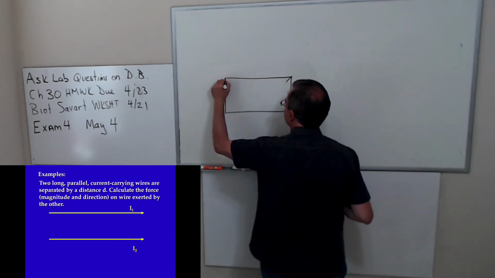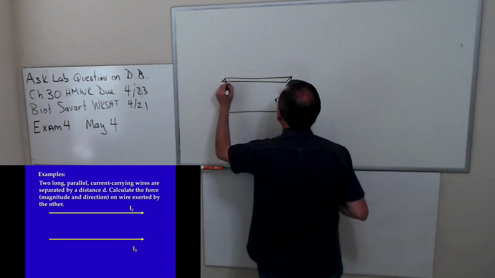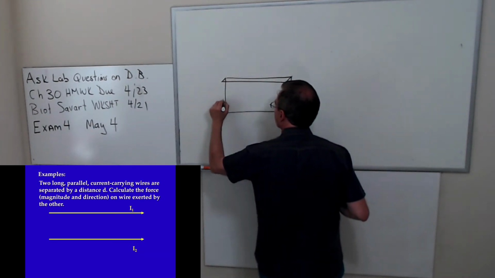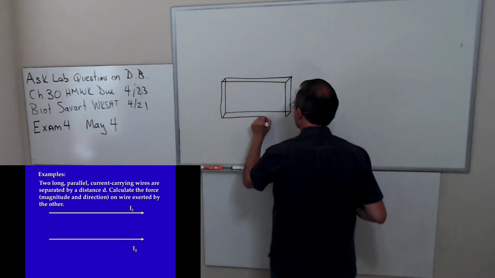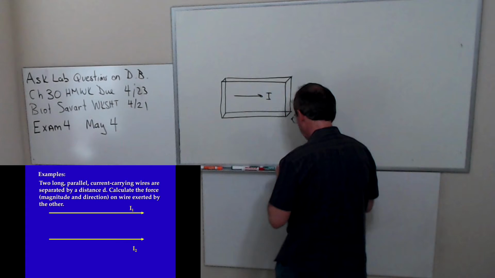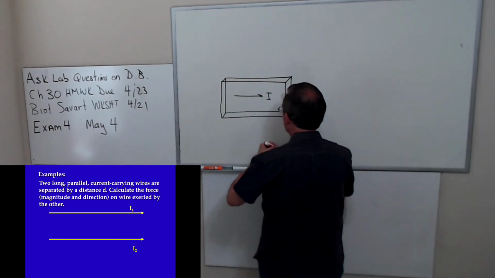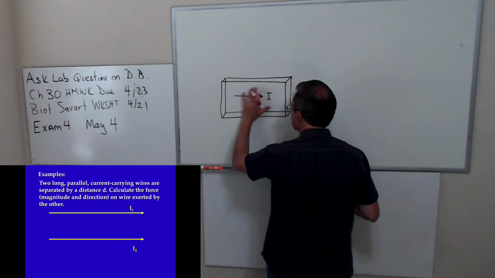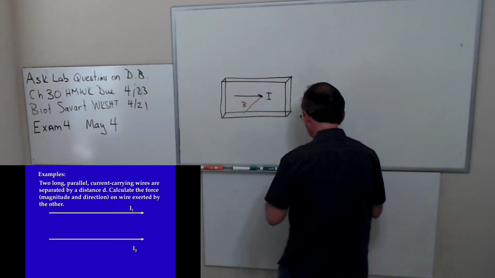I guess I'll draw it in 3D. It's carrying current to the right, and there's a magnetic field perpendicular to this plane.